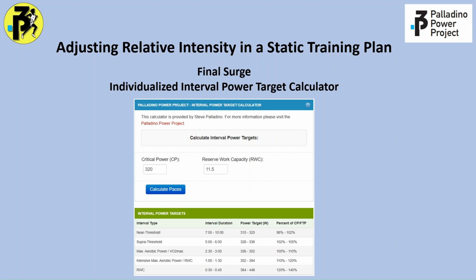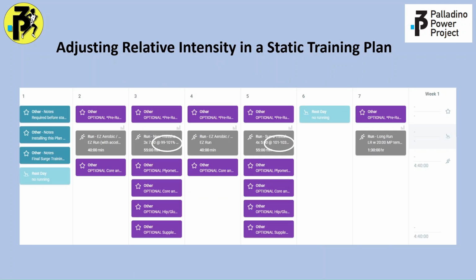So you can get in there, and whether it's from a table, the table I presented earlier, or this, you can refine and adjust your relative intensity. Now all you need to do is open up the structured workout and change your percentages around, if that is something that is accessible with your membership, etc. All right, so there you have it.